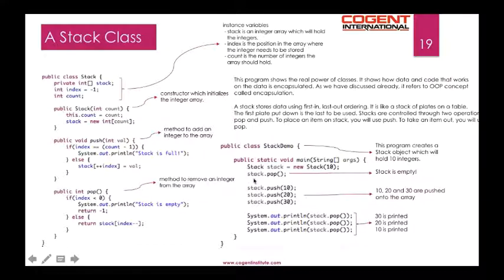When we call the pop method, the output is stack is empty because obviously there is no data in the stack yet. Then we use the push method to push 10, 20, and 30. And when we use the pop method, we get the last inserted value first, then the next one, and then the first one that was inserted.